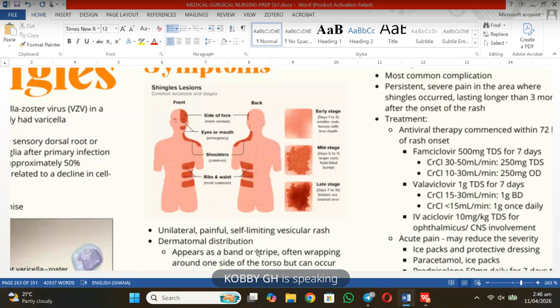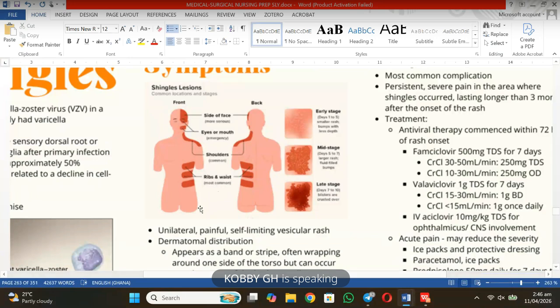One thing that you can know that a condition is shingles is that shingles are usually unilateral, meaning that it usually occurs at one side of your body. It's either occurring at the left part of your body or the right part of your body. That is one way you can know that a condition is shingles.